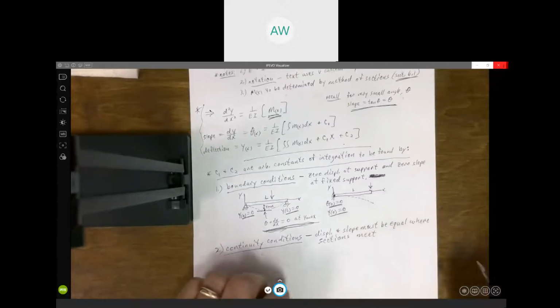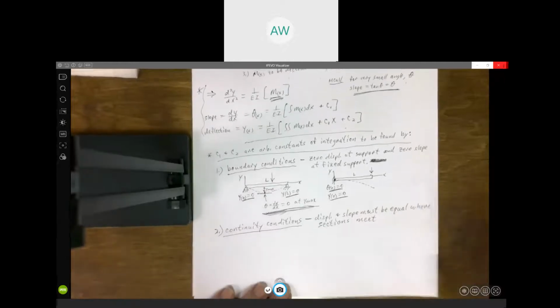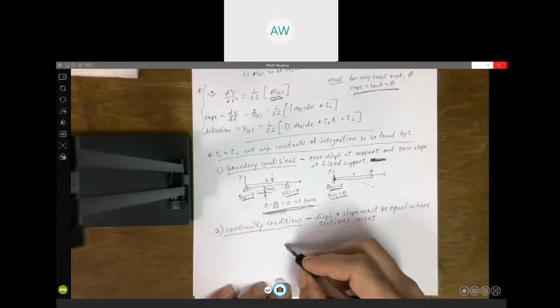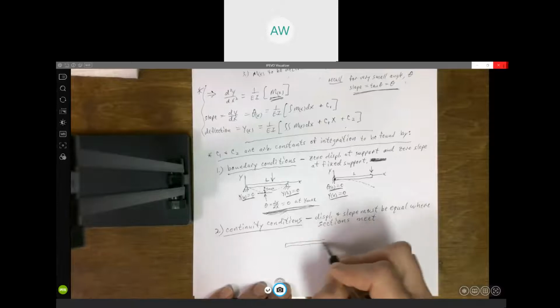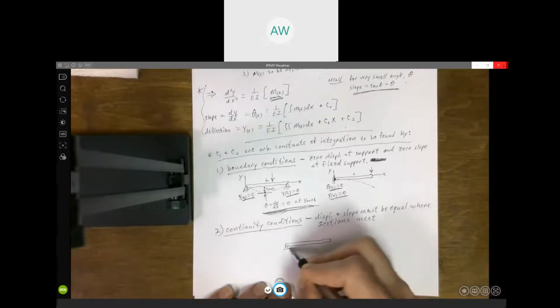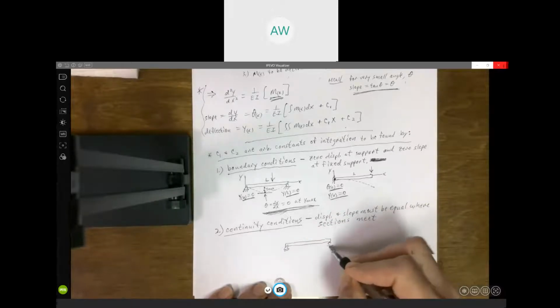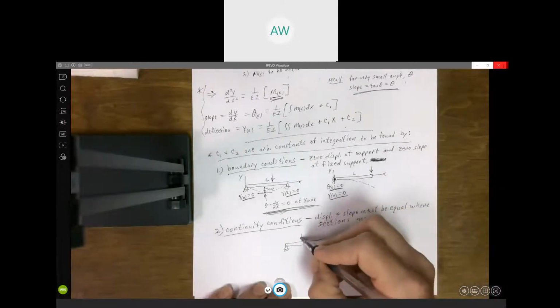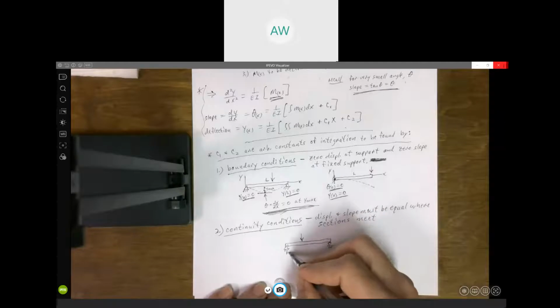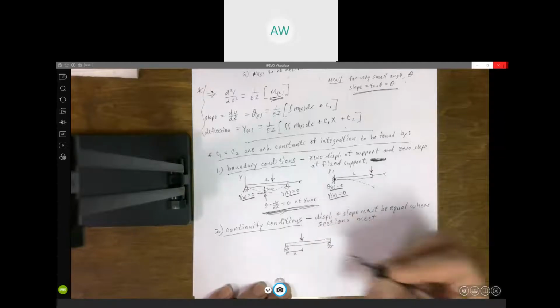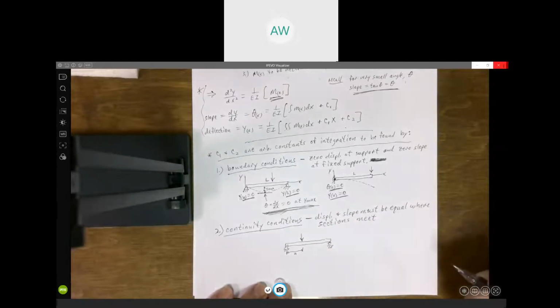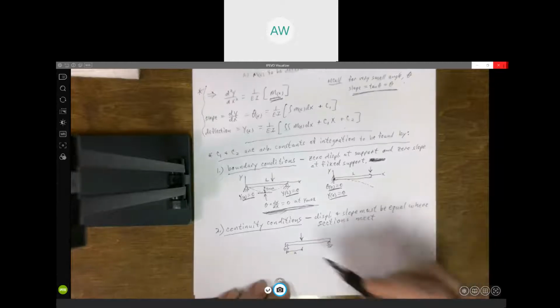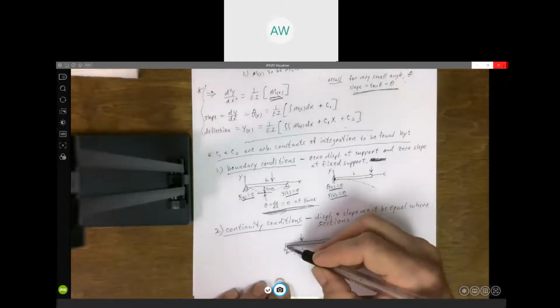Again, I think I'll draw a picture here, it might help this a little bit. Let's say we got a situation like this where we've got a pin and a roller, and then we've got some force acting here at distance a. Again, this is going to cause this beam to bend, right?